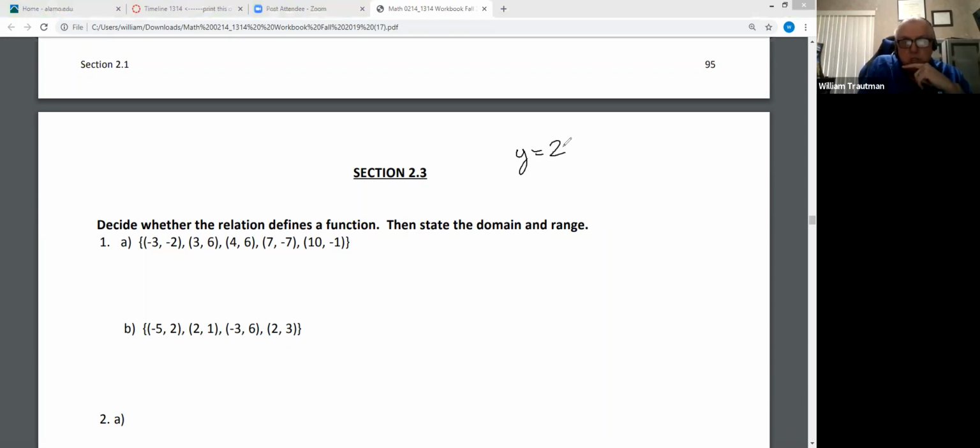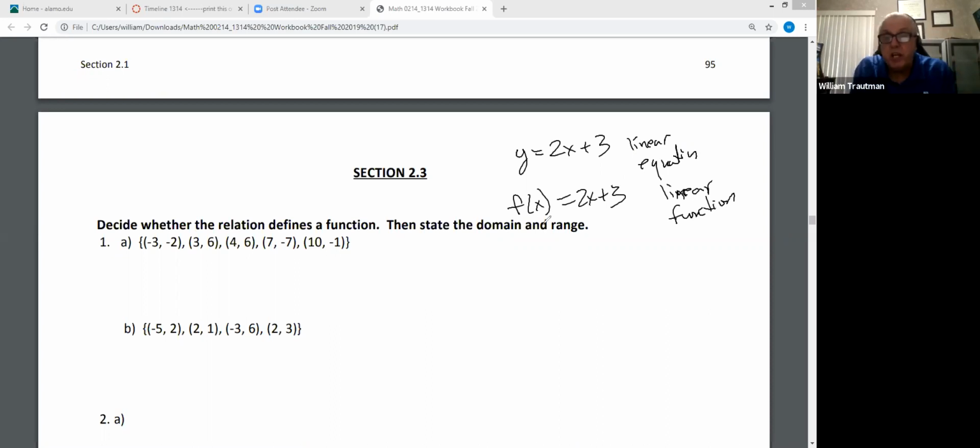Y equals 2x plus 3 is a linear equation. And if I write y equals 2x plus 3 this way, this is called a linear function. A function is a special equation.